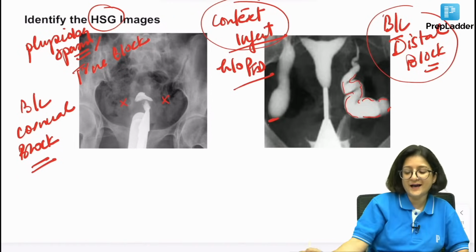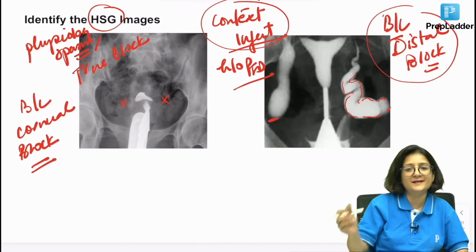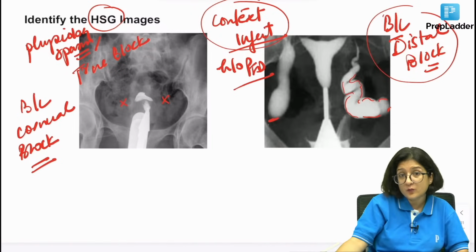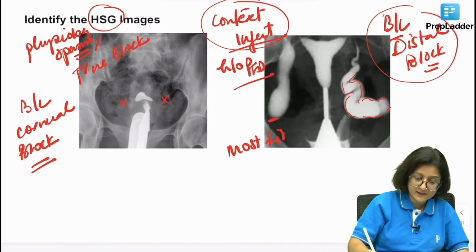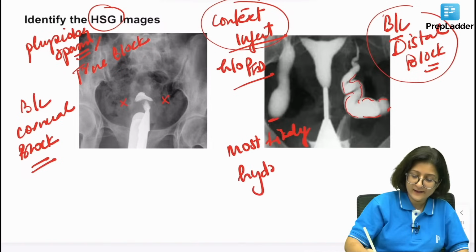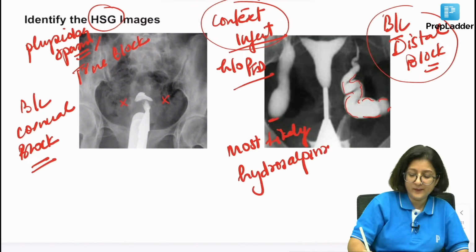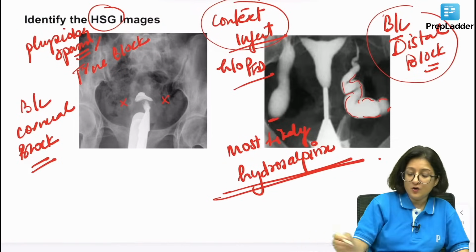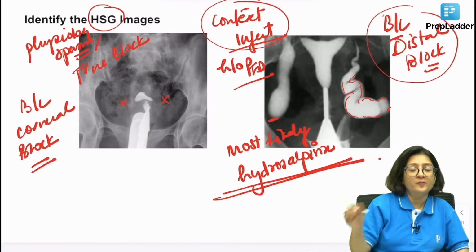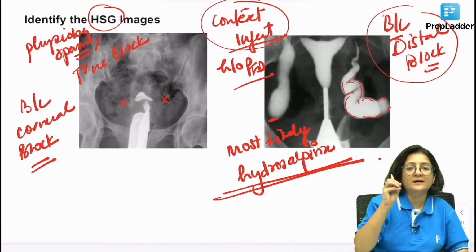Can you see these dilated fallopian tubes? All this dye is collecting inside the fallopian tube. Why? Because this is most likely a hydrosalpinx. So all that from what? From an image and a clinical context.